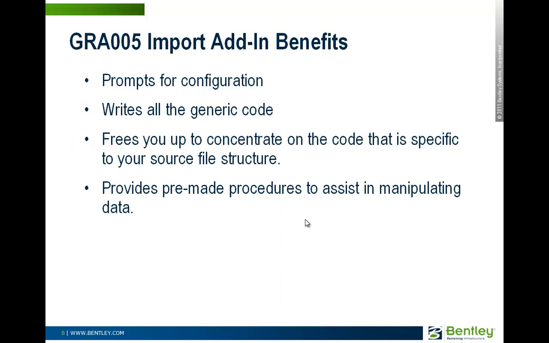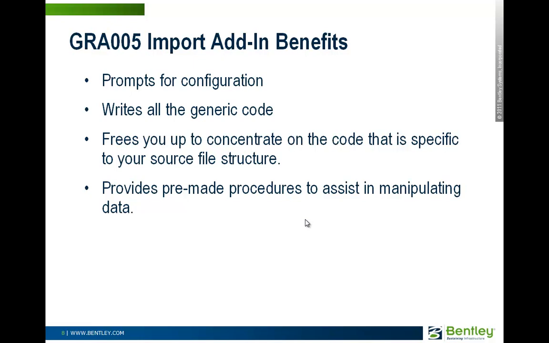And the benefits are many. This tool will prompt you for questions about the configuration of your source files and the target structure you're writing to. And it writes all the generic, basically the architectural code. This frees you up to concentrate on the code that's specific to your source file structure.